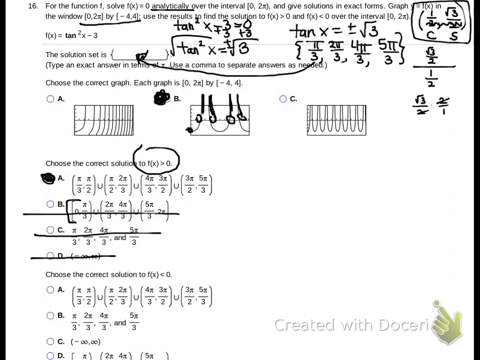For less than 0, let me erase all that. For less than 0, let's start eliminating some that don't make a ton of sense. So the whole thing is not above the x or below, neither is it just points. So it's either A or D. Now, when I look, again, I don't want to switch to the screen again. That whole portion right there is below the x-axis, okay? So it does not start at pi over 3. That doesn't make sense. So the answer choice is D, and I know I've cut it off here.